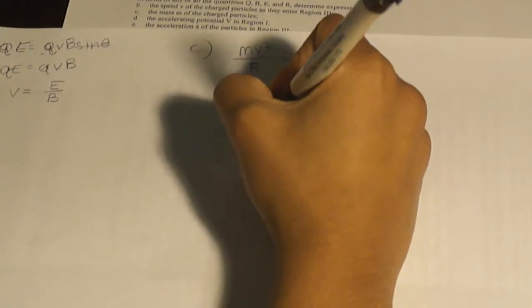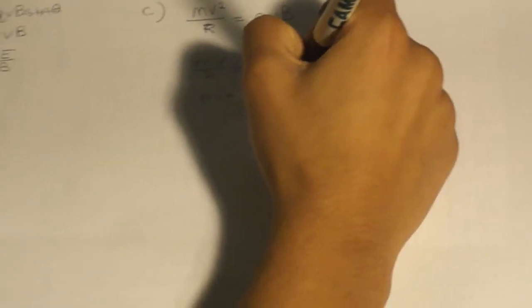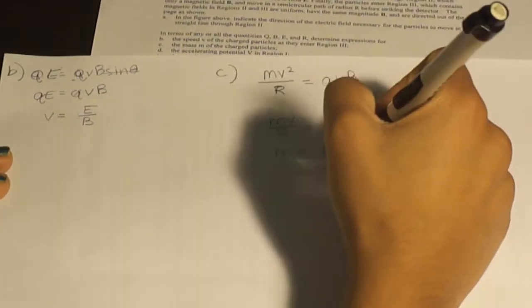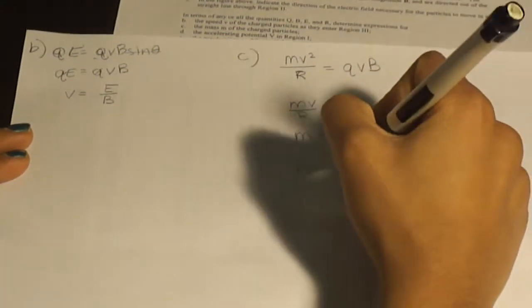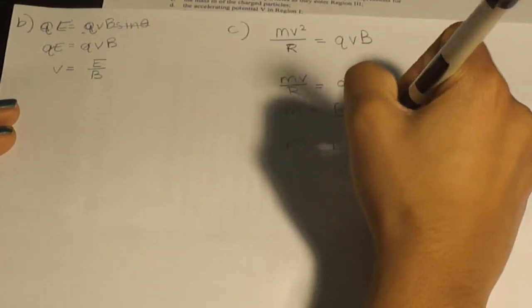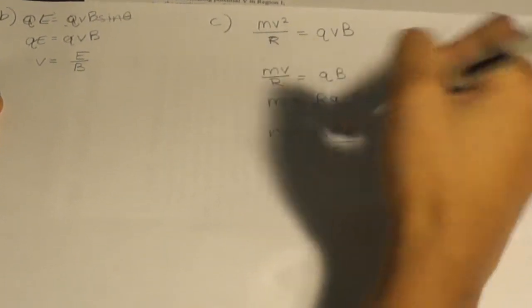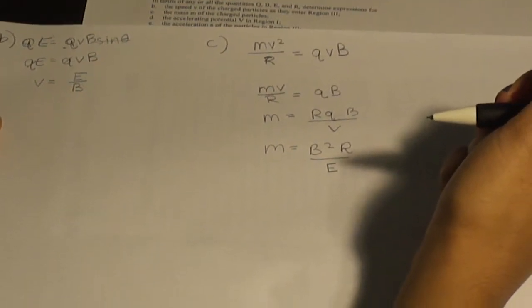Then m is equal to RQB divided by v. We figured out v in part B, it's E over B, so once we plug that in, we get that m is equal to B squared times R divided by E. And that's basically it for part C.